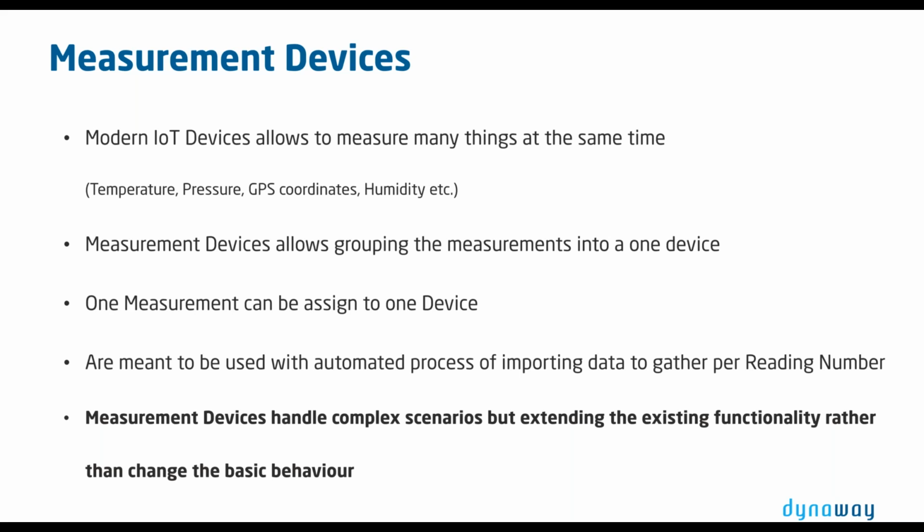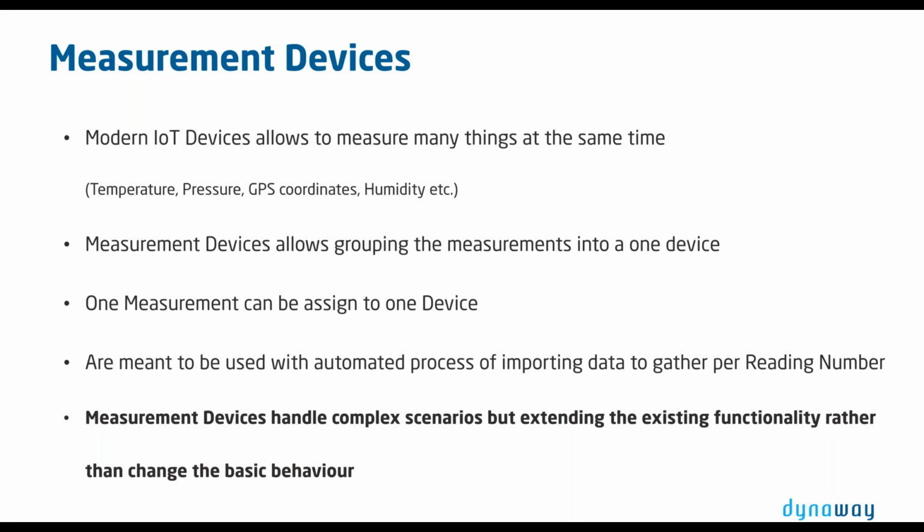So what we have done here is that we created something which we called a measurement device. For example, it's not only for IoT devices that can do many measurements at the same moment. They measure temperature, pressure, for example, GPS coordinates and humidity.